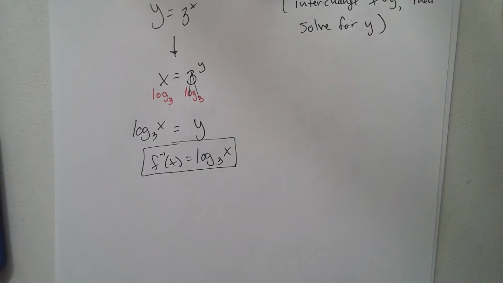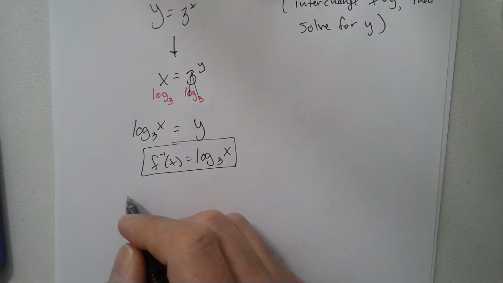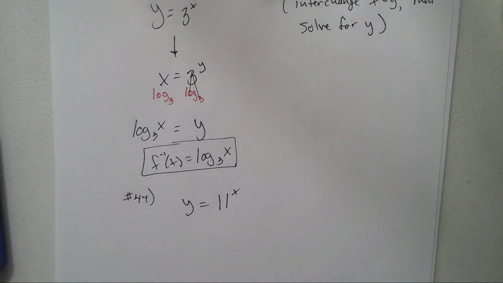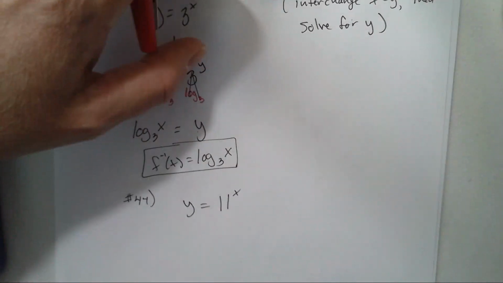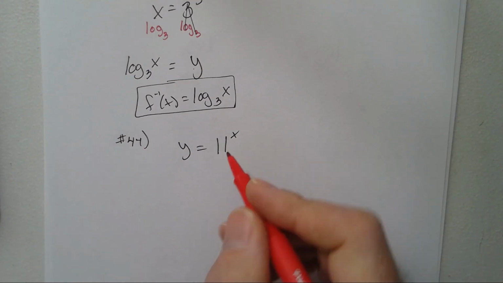So why don't you try number 44, and then you won't have to do it in the assignment. Number 44, to the x. I'll give you a second to try it. Alright, so finding the inverse, interchange x and y.